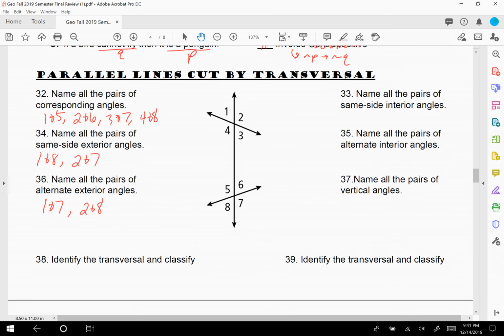Number 33, it says name all the pairs of same side interior angles. They're between your two lines and they're on the same side of the transversal. So 4 and 5, and 3 and 6. Name all the pairs of alternate interior angles. So we have 3 and 5, and then 4 and 6. 37 says name all the pairs of vertical angles.